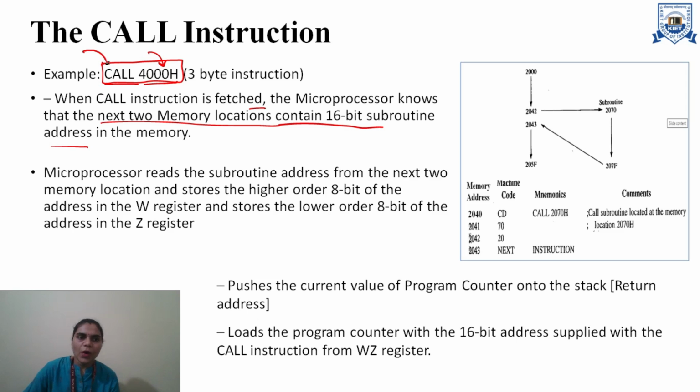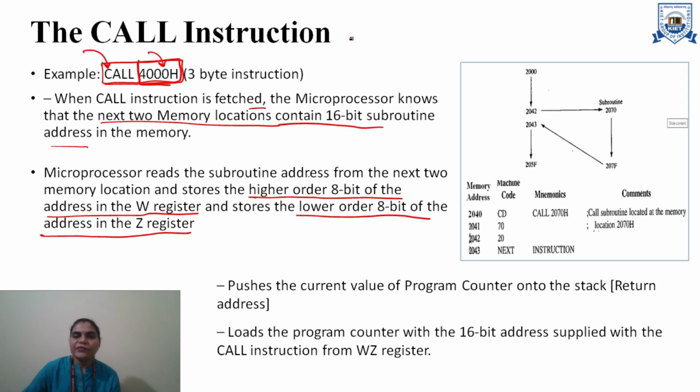Now the processor reads the subroutine address from the next two memory locations and stores the higher order 8-bit of the address into W register and the lower order 8-bit of the address into Z register.